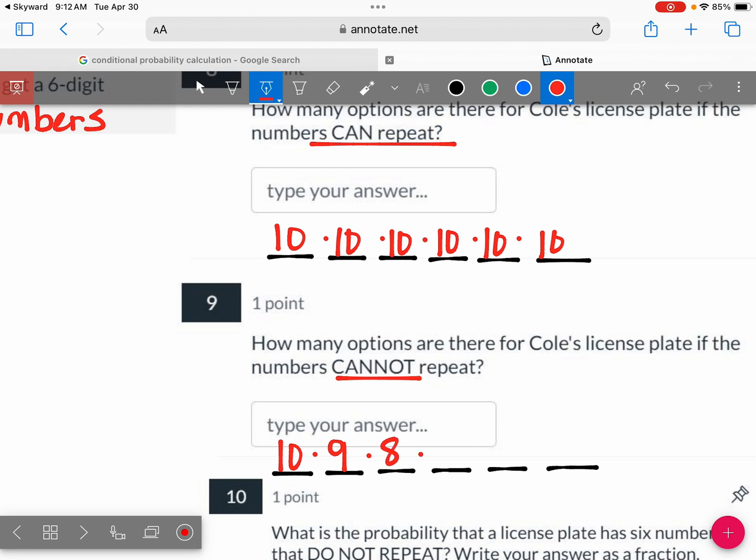What do you think the next number is going to be? What's the pattern? 7, 6, 5. Pick up your calculator and multiply that together. Take 10 times 9 times 8 times 7 times 6 times 5.